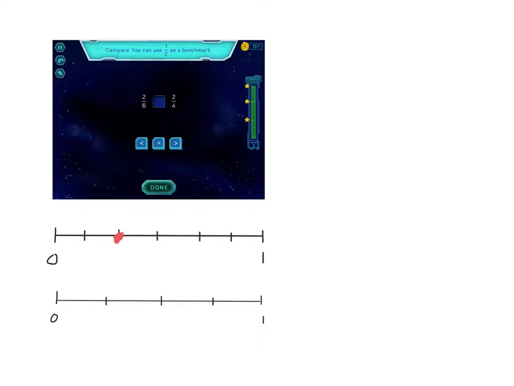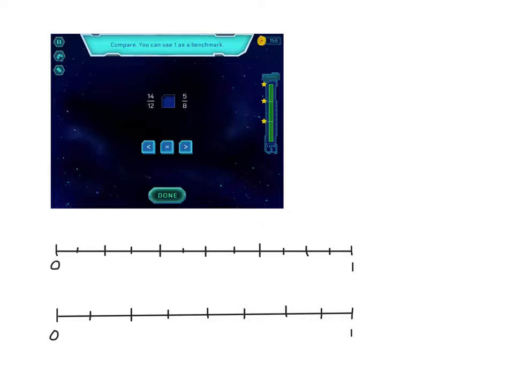If I'm looking at 2/4, my second number line is broken up into 4 equal parts. 1, 2, 3, 4 equal parts. 2/4 can be plotted right there. You'll notice that 2/4 is exactly 1/2. So if we're comparing, you can use 1/2 as a benchmark. 2/4 is exactly 1/2. 2/6 is less than 1/2. So in this case, we would say that 2/6 is less than, we'd move that in, 2/4.